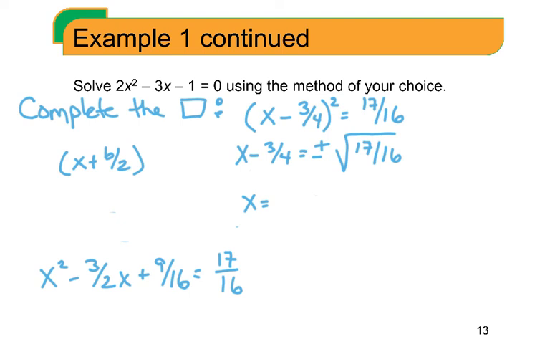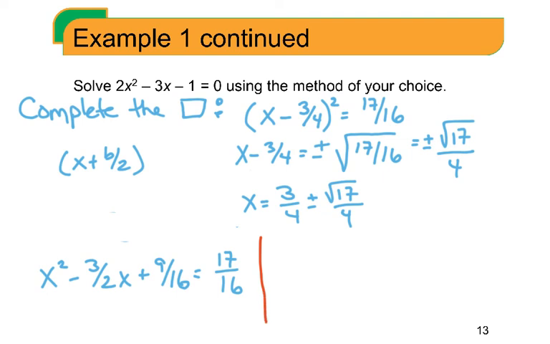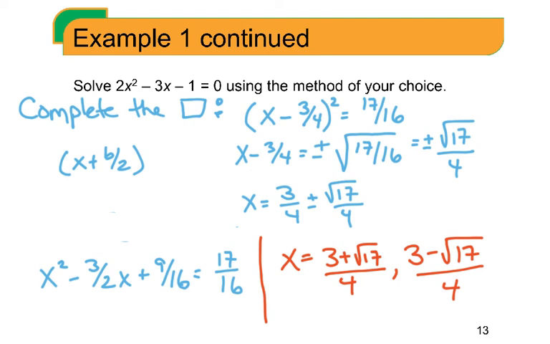Well, first, let's simplify this. This is plus or minus the square root of 17 over 4. It's starting to look familiar now. So x equals 3 fourths plus or minus the square root of 17 over 4. And finally, I have x equals 3 plus the square root of 17 over 4, or x equals 3 minus the square root of 17 over 4.